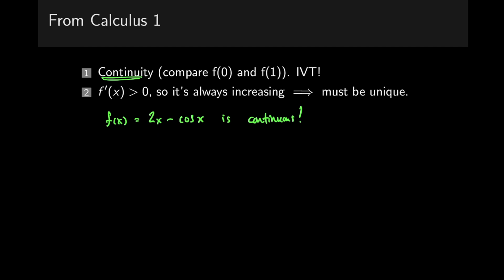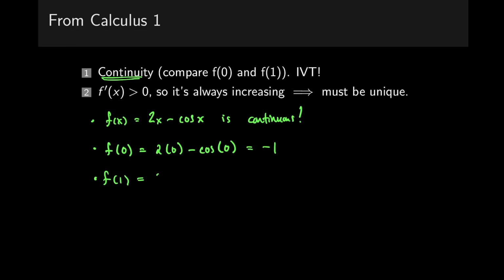So then what we can say about that is, well, let's look at f of 0, which would be 2 times 0 minus cos of 0. Well, that's what? 2 times 0 is 0. Cos of 0 is 1, so this is really negative 1.